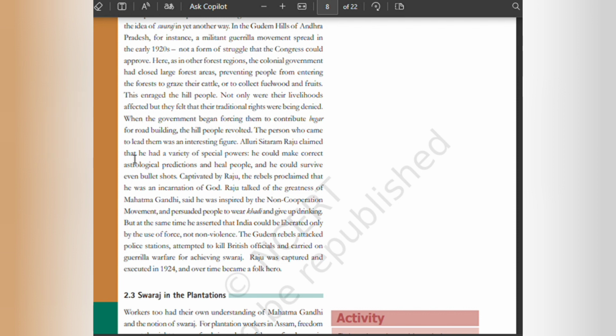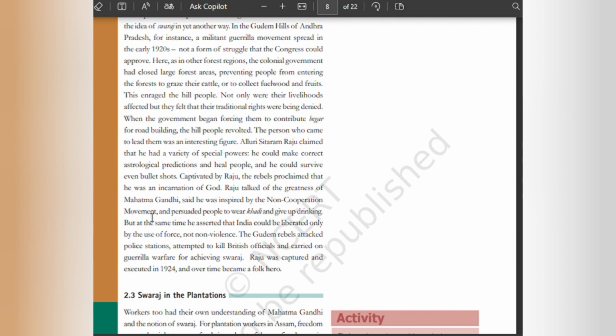The person who came to lead them was an interesting figure. Alluri Sitaram Raju claimed that he had a variety of special powers. He could make correct astrological predictions and heal people, and he could survive even bullet shots. Captivated by Raju, rebels proclaimed that he was an incarnation of God. Raju talked of the greatness of Mahatma Gandhi, said he was inspired by the non-cooperation movement, and persuaded people to wear khadi and give up drinking.